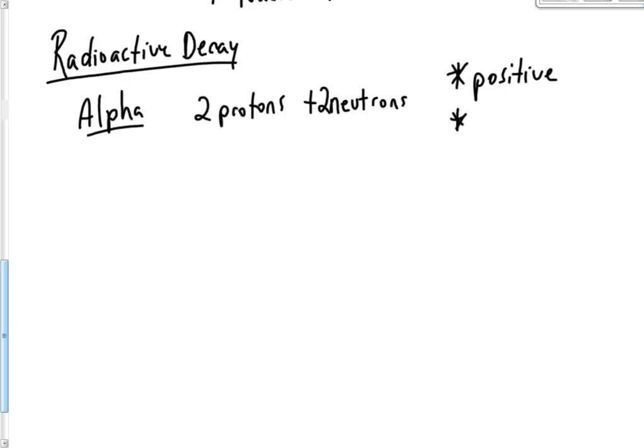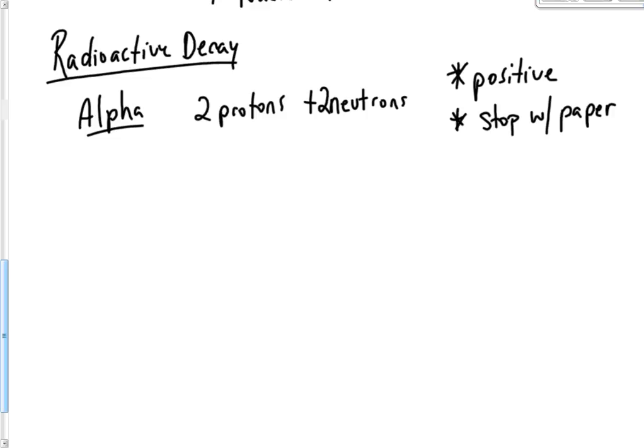You can stop alpha particle radiation with paper. If you were to take a big poster board and stand behind it, I could shoot all the alpha radiation I wanted at you, and you would not get contaminated with it.